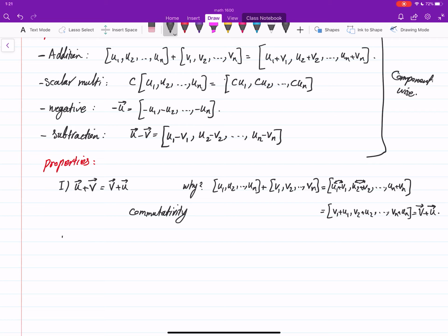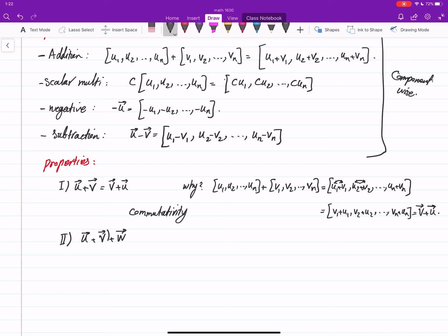The second property is an interesting property. We have learned that we can add two vectors, u plus v. How about if I have a third one? How can I make sense of u plus v plus w? Well, you say, I know how to add two of them, so let's just group two first and then add the third one.